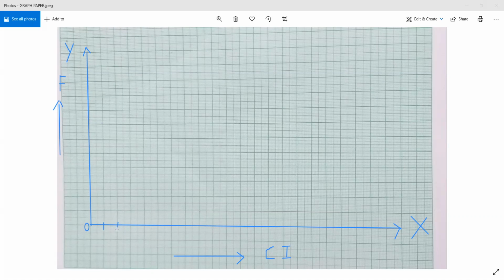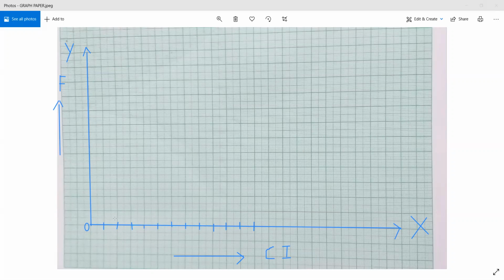Okay, so that's what we are going to do. We have 12 units: 1, 2, 3, 4, 5, 6, 7, 8, 9, 10, 11, 12.